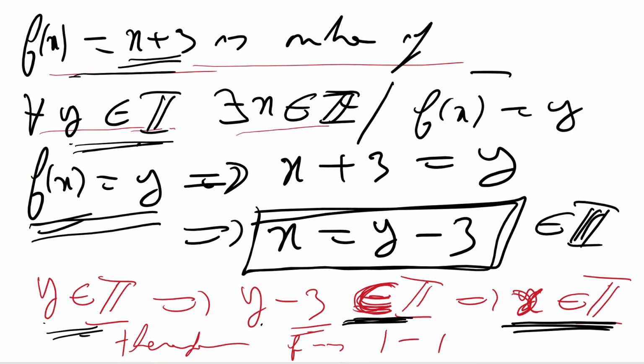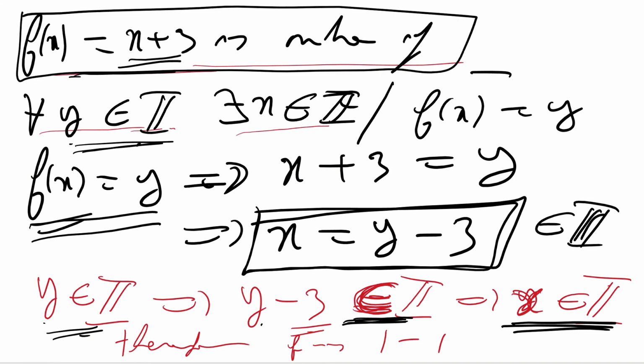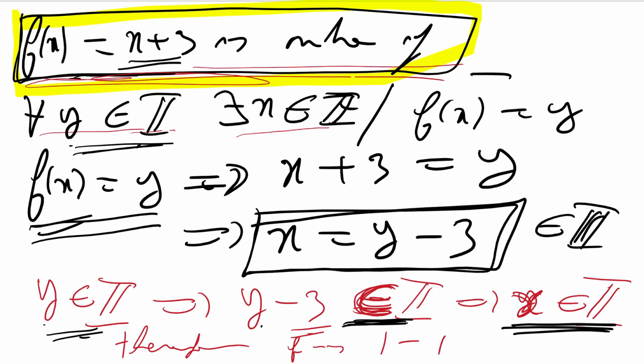So you have to recheck this. This is not onto. The reason is, if you pick y equal to 0, you are not going to have something in the domain that maps to 0 basically. So this is not onto.